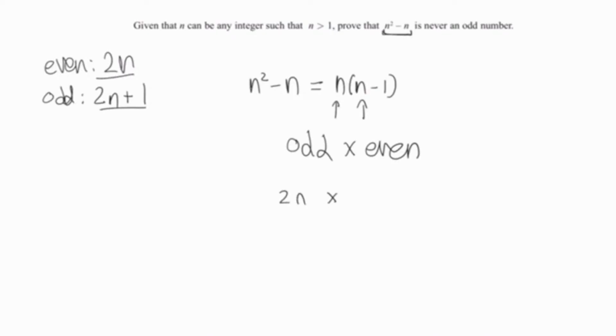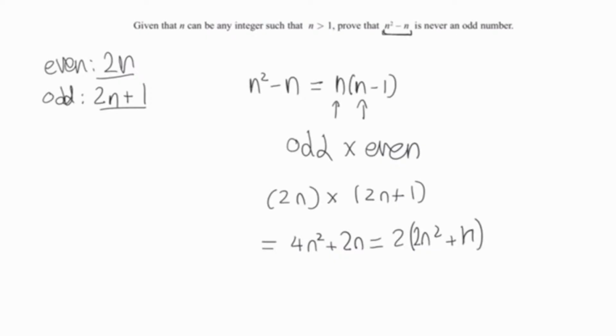So we have 2n times 2n plus 1. And then if you expanded that out, you're just going to get 4n squared plus 2n. But more importantly, how you can show this is even is you can factorize it, and this can be factorized as 2 lots of 2n squared plus n.